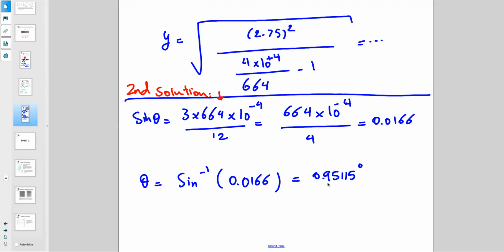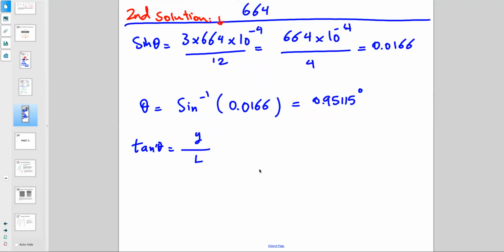So that's the theta, and tan theta, the tangent of theta, is y over L, right? Because if you imagine that this is L, this is y, and this is theta. And so y is L times tan of theta.